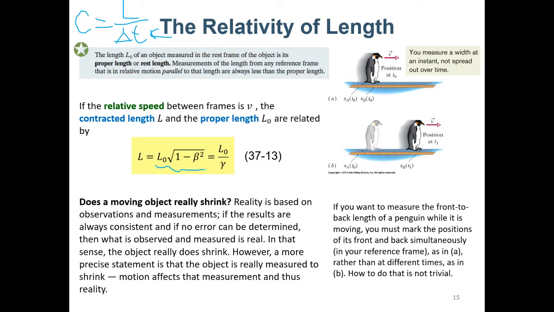Which means that, for example, with this length from XA to XB, which is L0, if we measure it when we are stationary, which means that we have a, how to say.